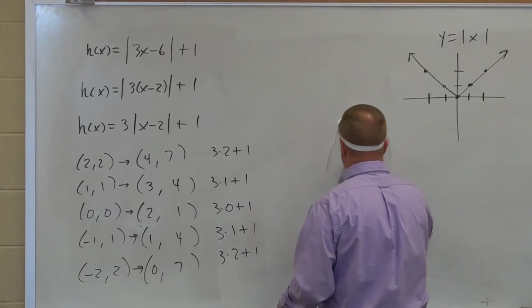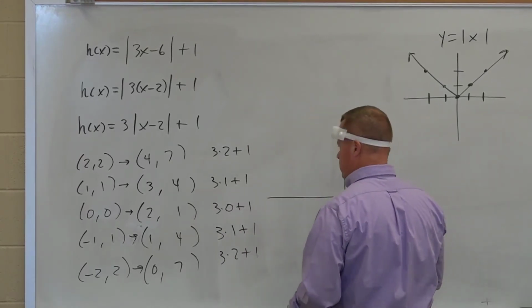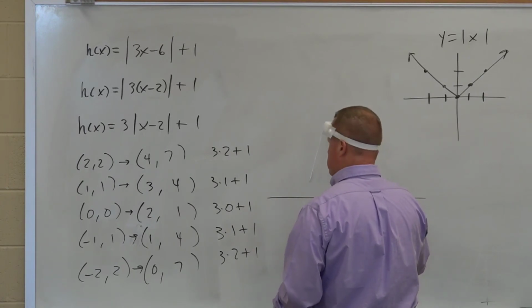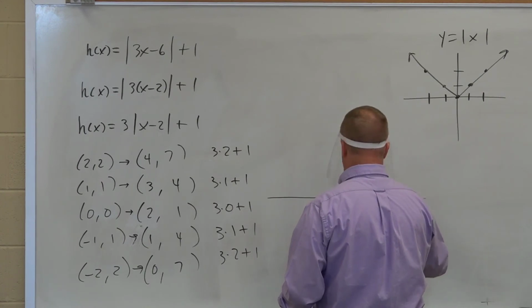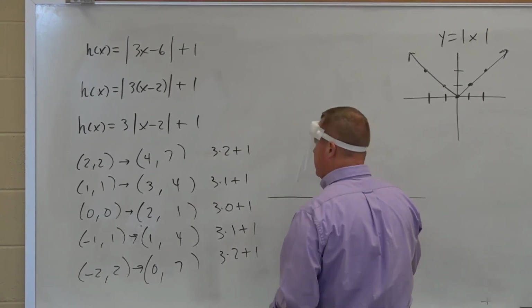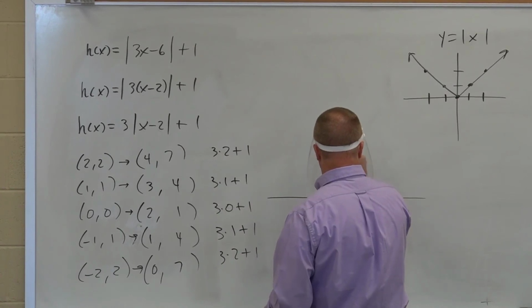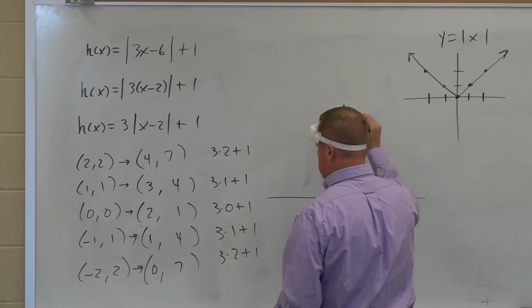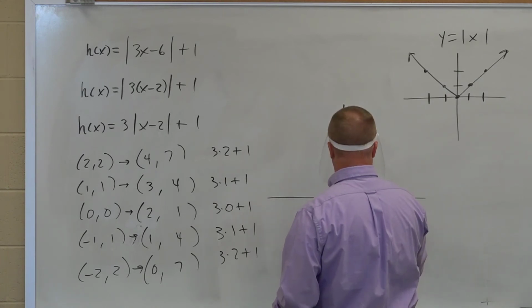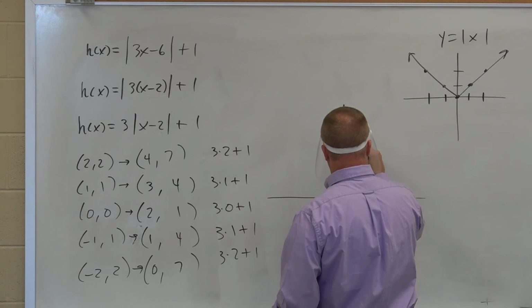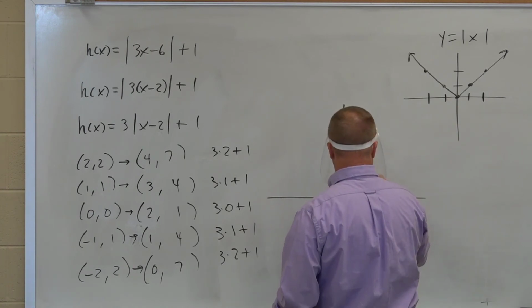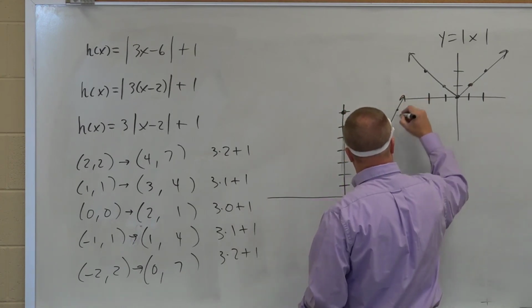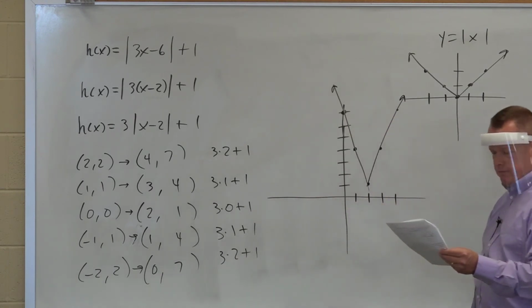For my graph, I've got to go up to 1, 2, 3, 4, and up to 7. That would be the graph.